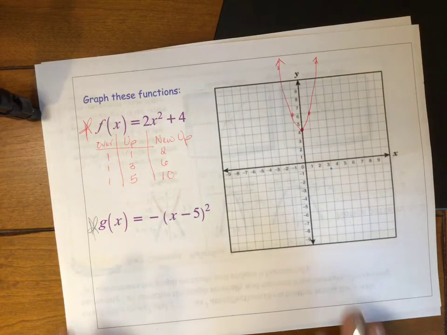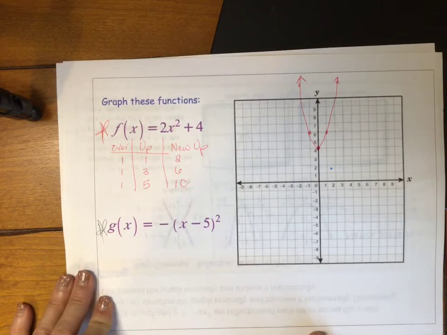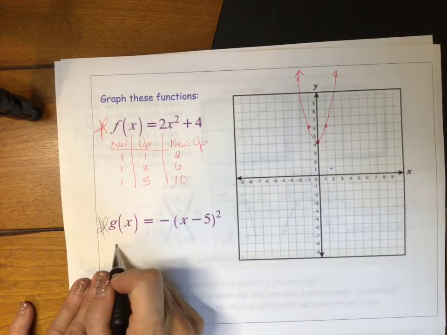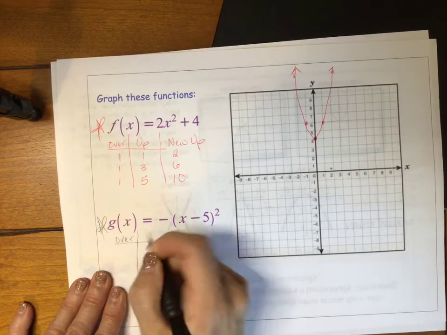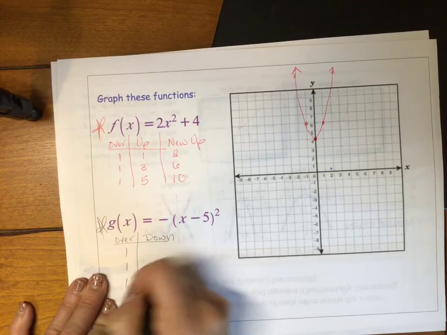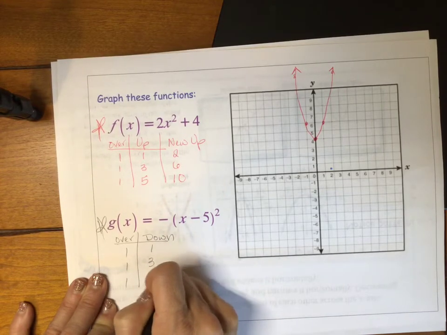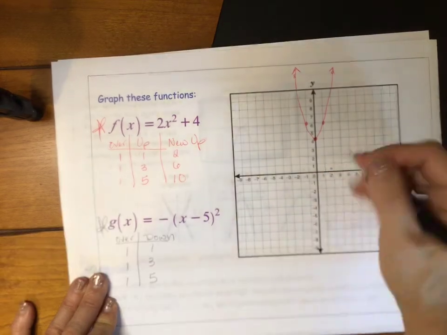All right. Reflection, I'm not going to change my over-up pattern, except instead of going up, I'm going to go down. So this still says I have my vertex just moved right 5.